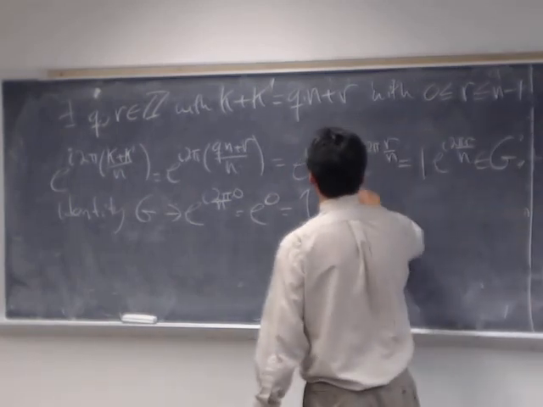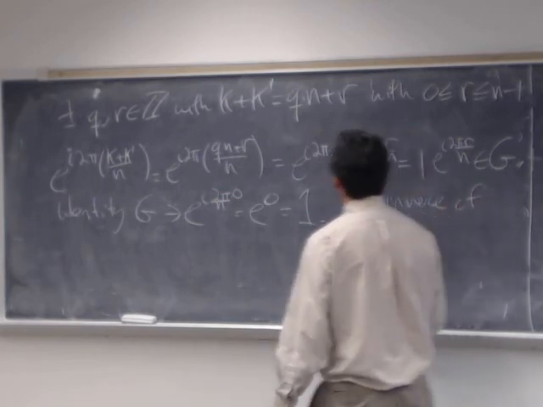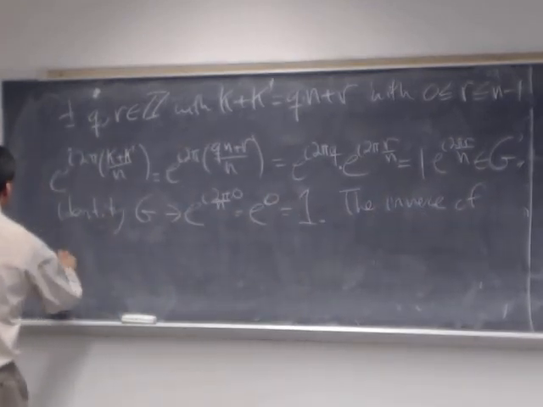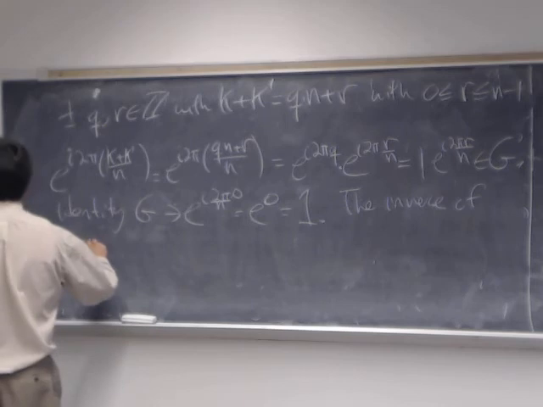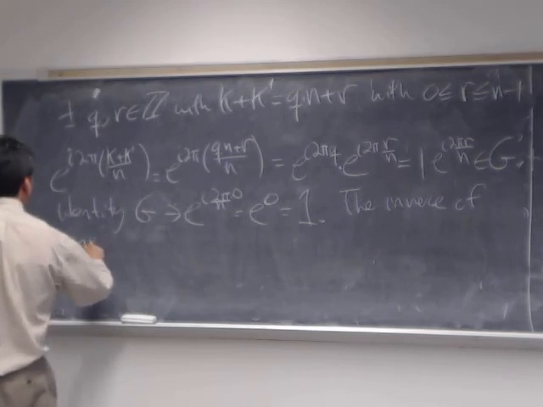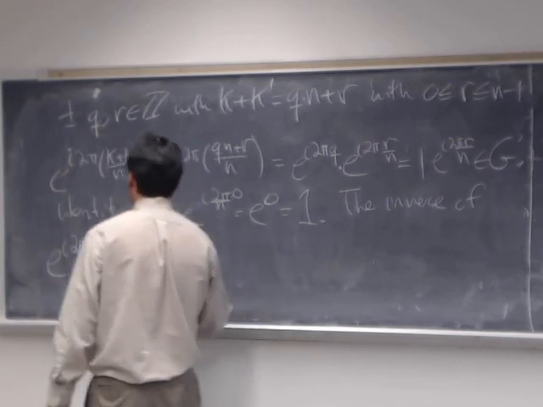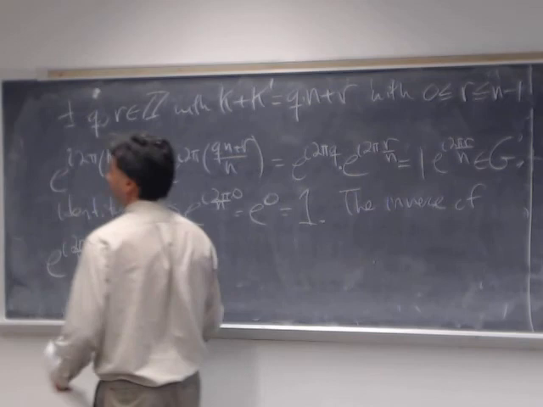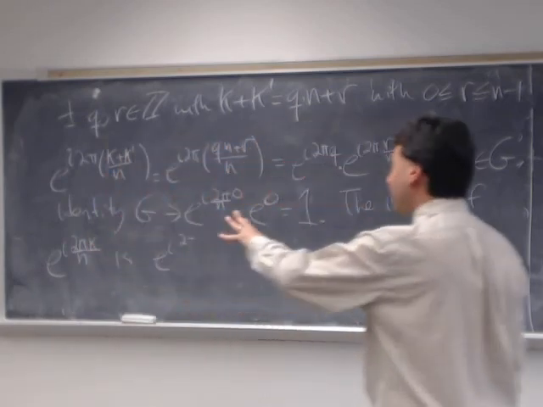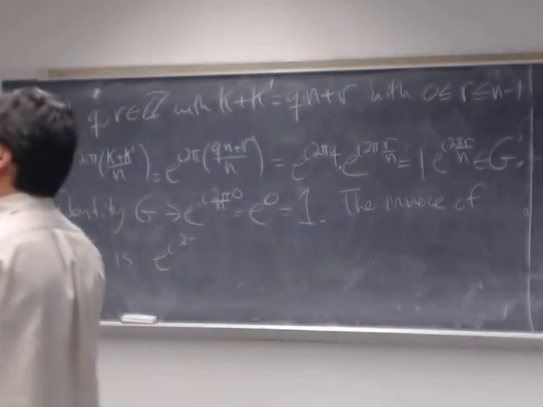What about the inverse? The inverse of e to the i 2 pi n times k is what? Okay, you can certainly say negative, but think about it in our example.